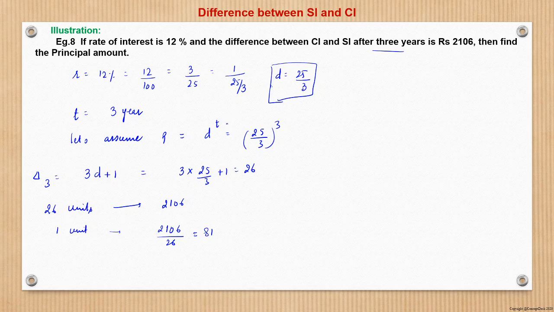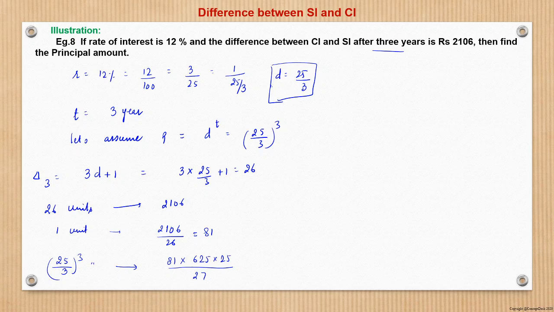Principal is 25 by 3 whole cube units, which will be nothing but 81 into 625 into 25 upon 27, right?